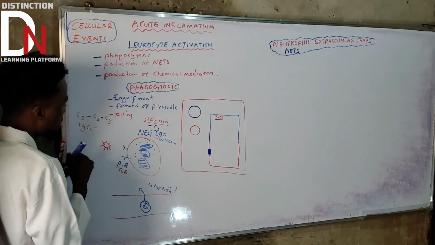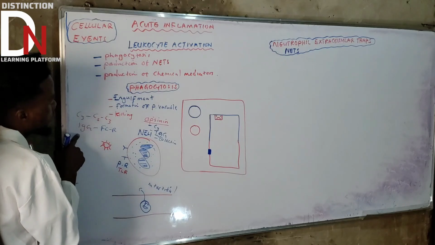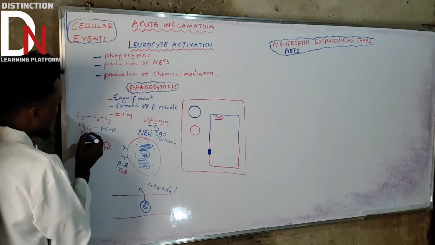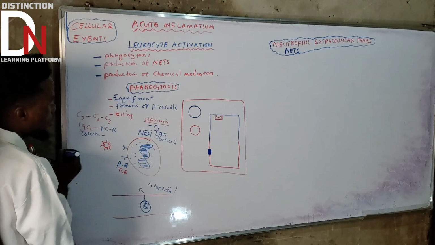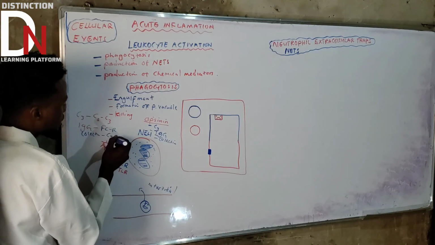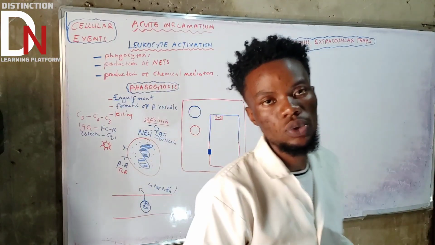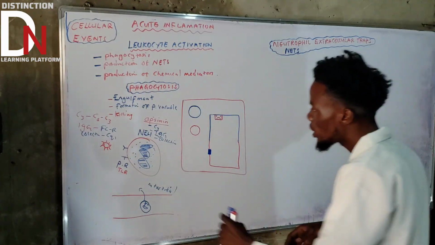We call them Fc receptors, Fc receptors for IgG. What else? Also for collectin, the collectin is going to have a certain receptor which we call the C1q type of receptor, also found on the neutrophil. So those are the receptors for opsonin. They'll come here.